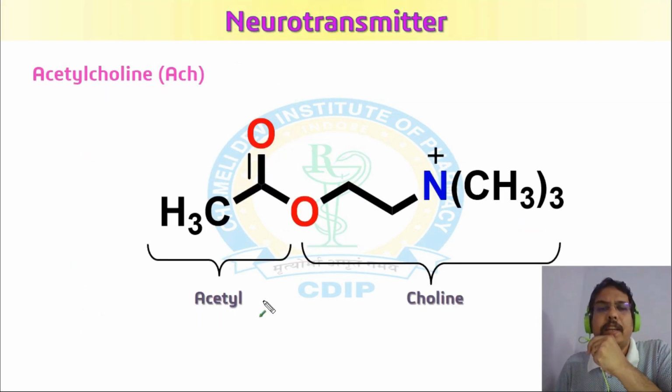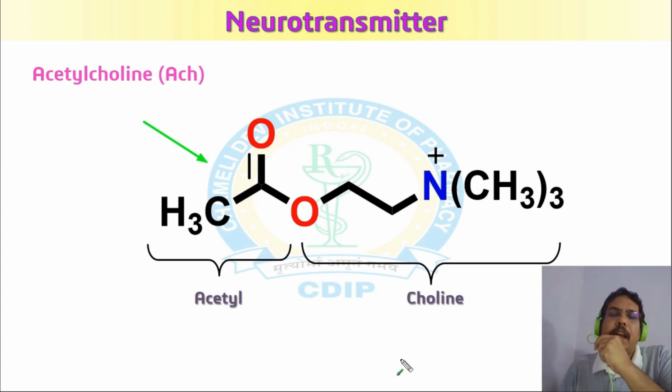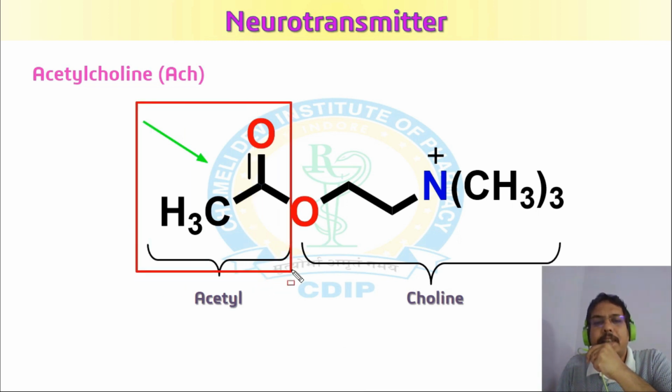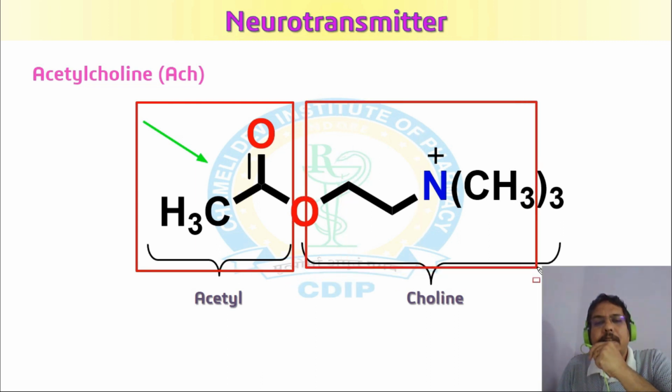So here is the structure of acetylcholine, and if you look at this structure, it mainly has two parts. One part is called the acetyl segment and the other one is called the choline segment.